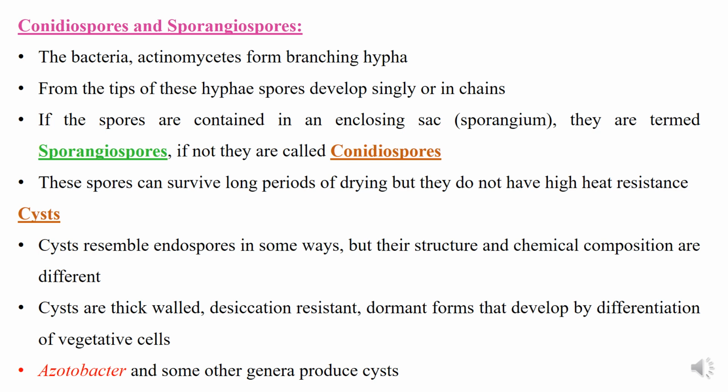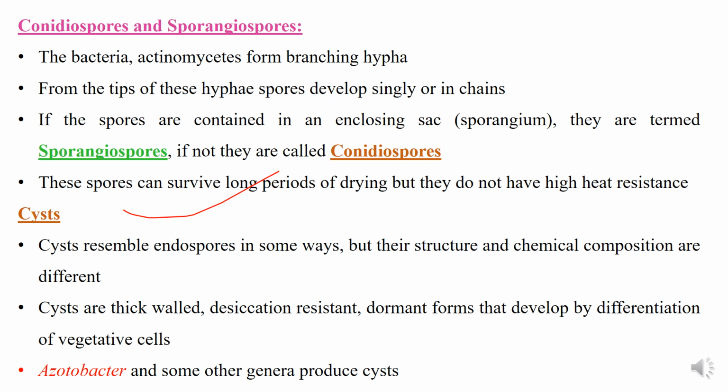From the tip of the hyphae, sporangiospores or conidiospores are produced. If the spores are produced in an enclosed sac-like structure, the sporangium, we call them sporangiospores, and if they are produced freely, we call them conidiospores. These spores can survive long periods of drying, but they do not have the high heat resistance observed in endospores and exospores.